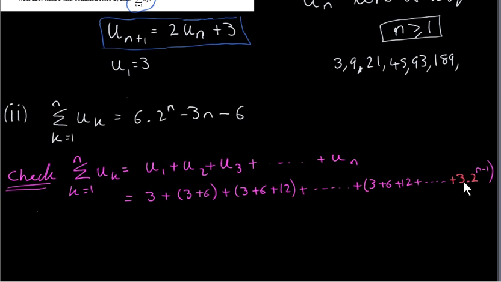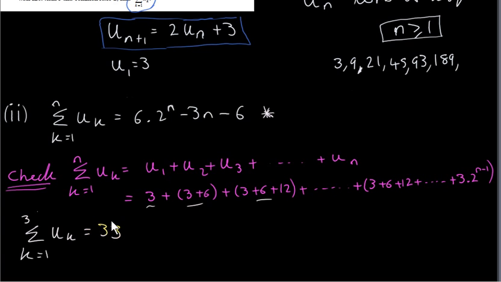un would be the sum of the first n terms of that geometric series. We saw that the nth term is 3 times 2 to the power of n minus 1. Let's just see if this works out, say for n equals 3. Sigma k equals 1 to 3 of uk. So that means we'd just be summing these 3 terms, which we also have written down up here. They are 3 plus 9 plus 21. That's equal to 33.